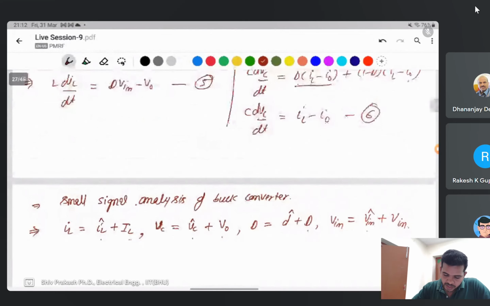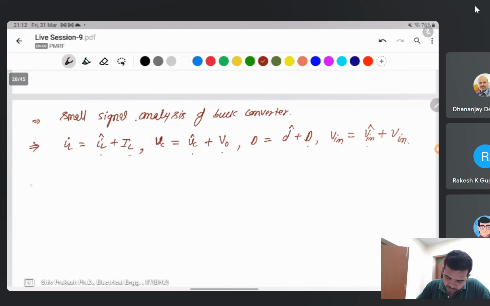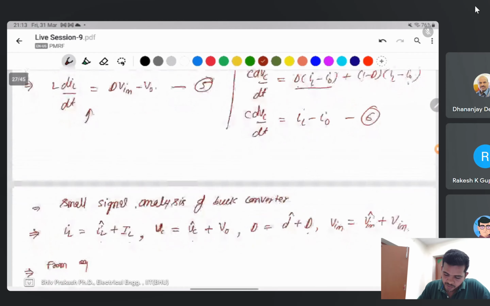Same thing replaced here for the inductor voltage and inductor current. L di by dt, with IL replaced by IL cap plus IL, from equation number 5.